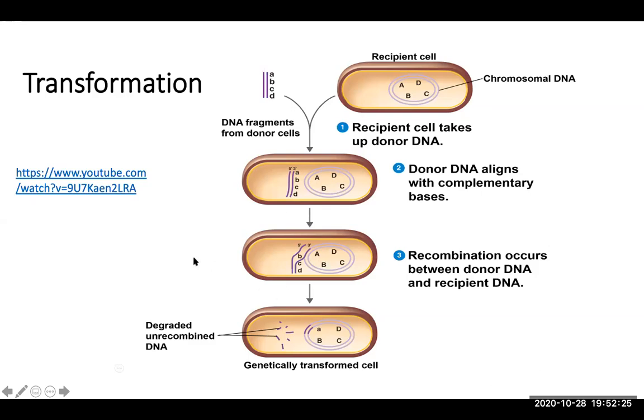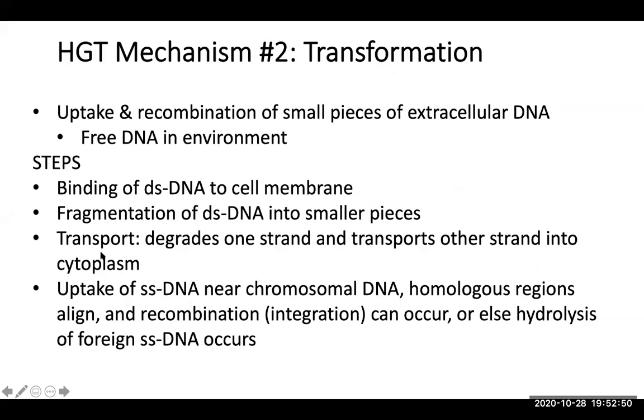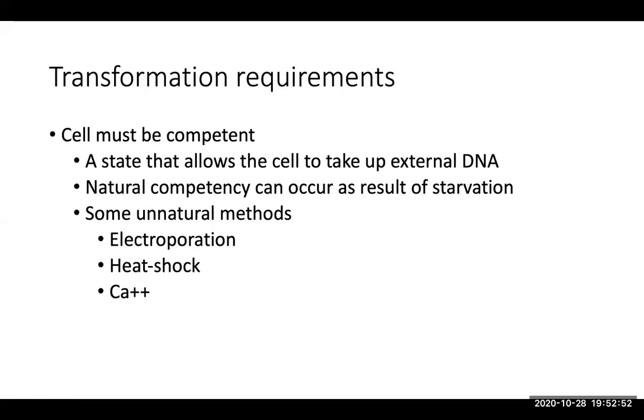So they are small pieces, and so this would have to happen enough times before you gain an entire new trait, right? But again, this is just a simplified diagram, just to help you see kind of the general idea of what's going on. But you need to know the detail that I put here on this slide, okay, and here.